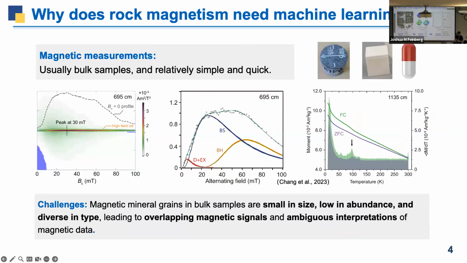Another point, I think Rob mentioned yesterday: most of our magnetic measurements are on bulk samples. Although it's very simple and quick, it comes with many issues, because magnetic mineral grains in bulk samples are small in size, low in abundance, and diverse in type.